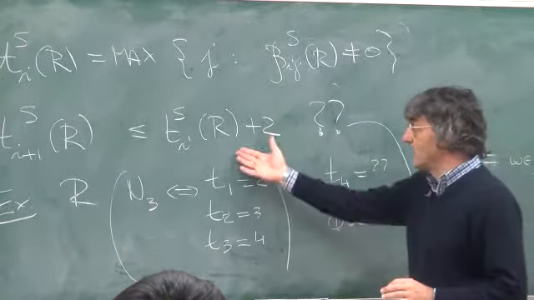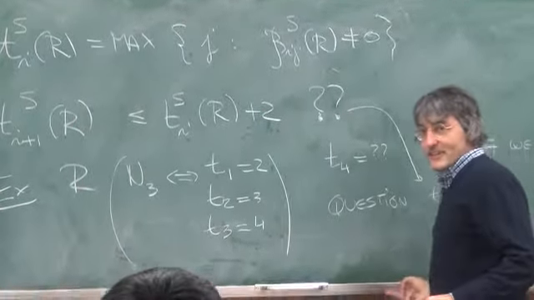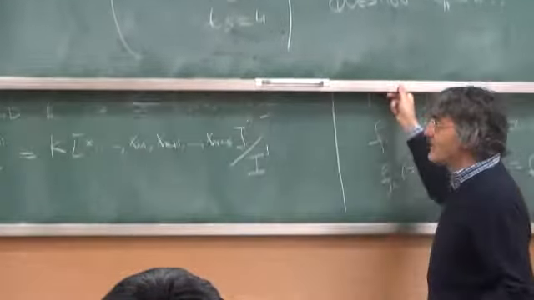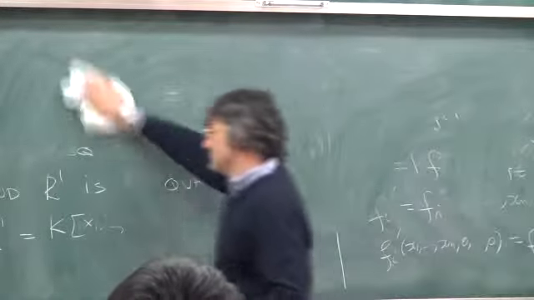Is it true or not for a Koszul ring? This 2 is t_1, right? So here I'm saying t_{i+1} is bounded by t_i plus t_1. Maybe, of course, asking questions is easy. Can we say something more general?